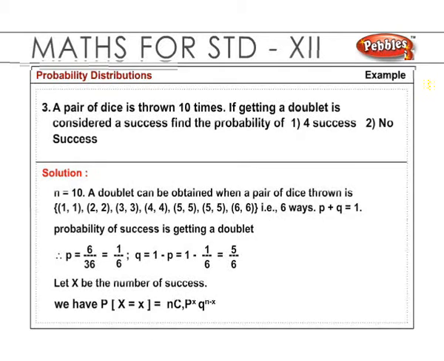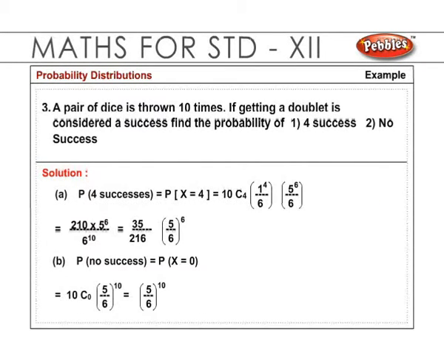We have P of capital X is equal to small x is equal to nCx p power x q power n minus x. P of 4 successes is equal to P of x is equal to 4 is equal to 35 by 216 of 5 by 6 to the power 6. P of no success is equal to P of x is equal to 0 is 5 by 6 to the power of 10.